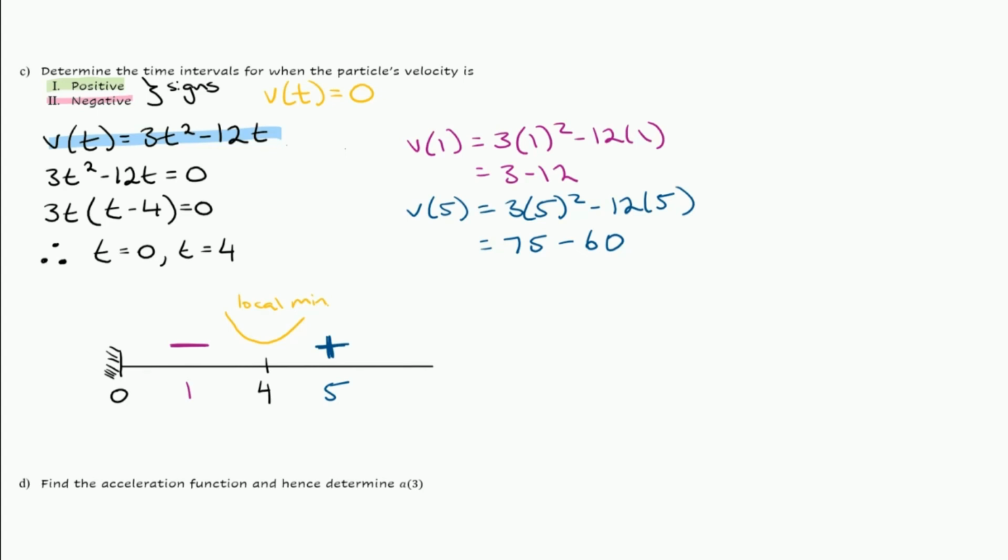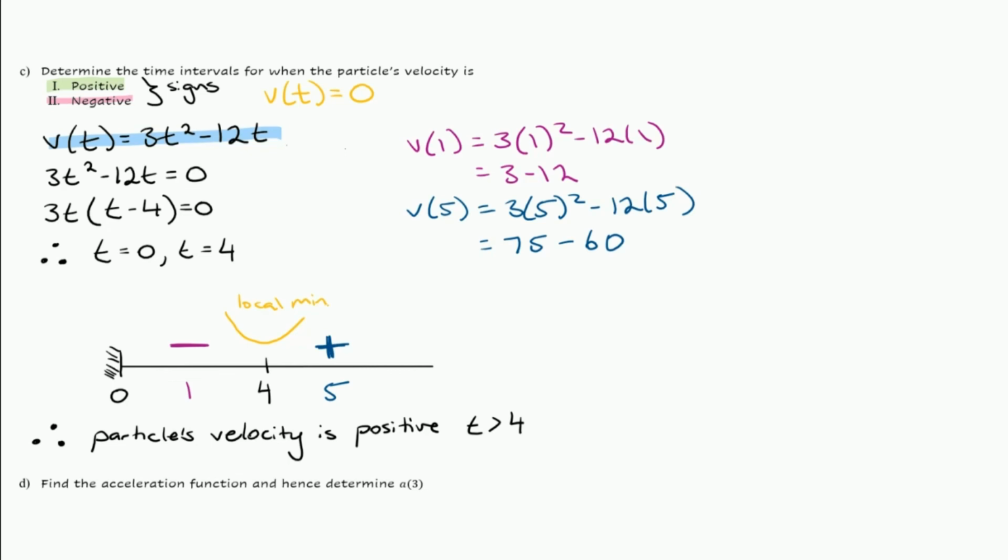So I can say for my first one that therefore my particle's velocity is positive when my time t is greater than 4.